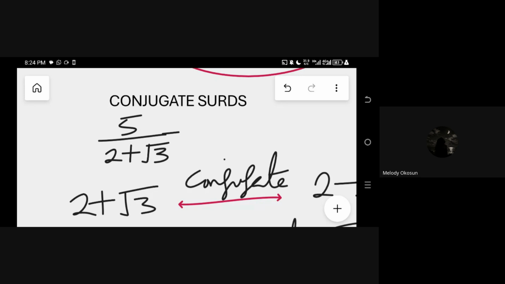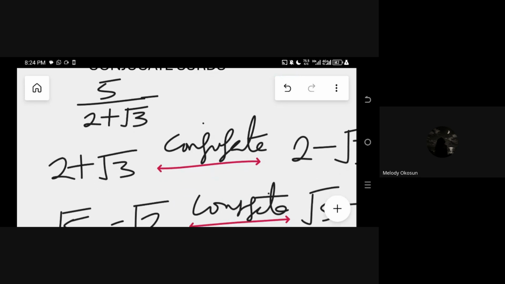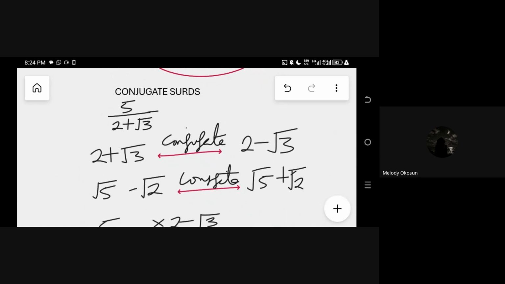And how to get the conjugate is simply using that denominator, changing whatever sign is there to the opposite. Like 2 plus root 3, the conjugate is 2 minus root 3. And the conjugate of 2 minus root 3 is 2 plus root 3.